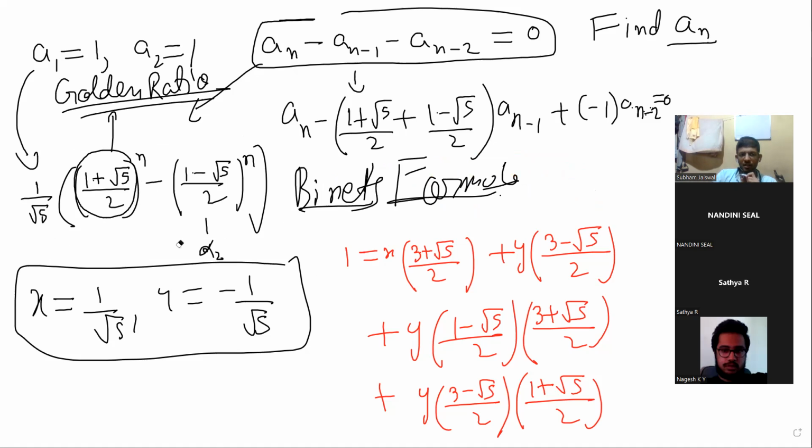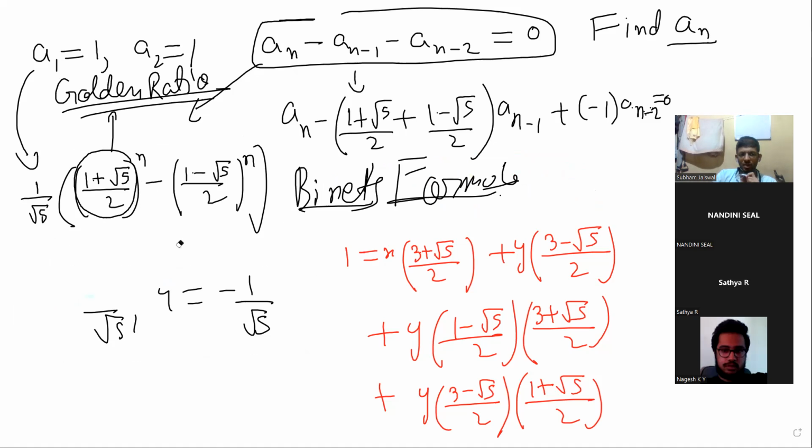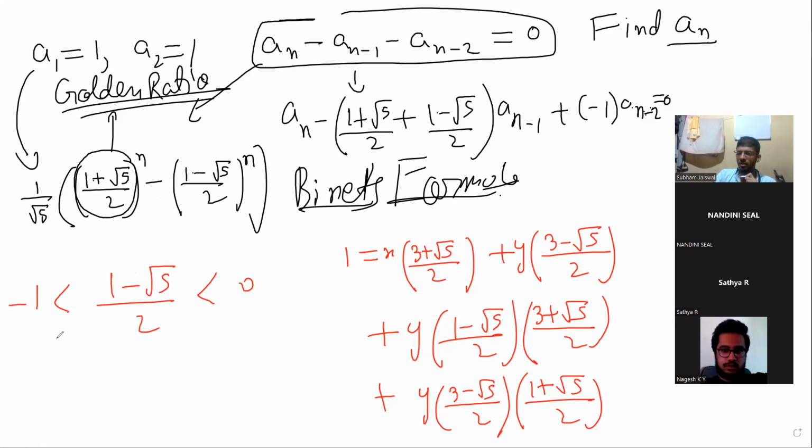If anything, one thing you can learn from here is how this leads to insights. When n becomes very, very big, can you check that this number is between 0 and -1? Do you agree with that?